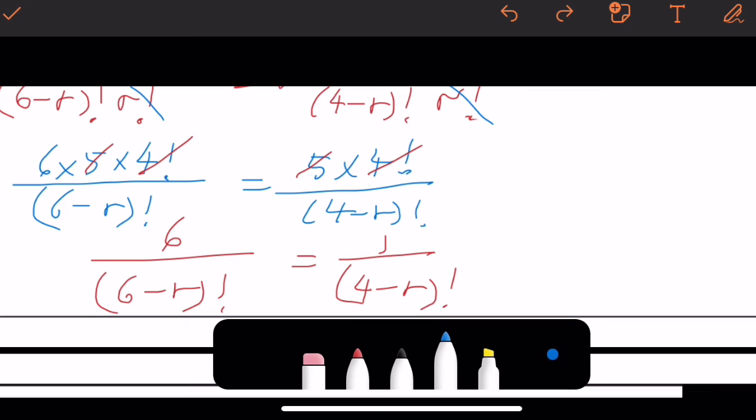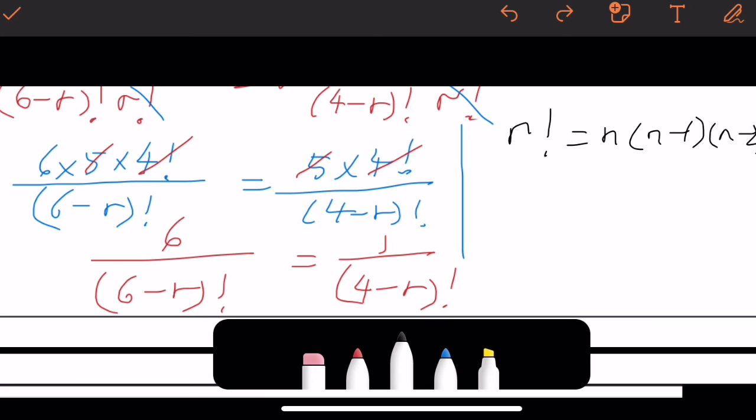Okay, now we have 4 minus R factorial, so we have to use a shortcut like this. Let's say we have the n factorial, right, our formula will be n times n minus 1 times n minus 2, so on and so forth. So now we want to apply it to 6 minus R factorial.